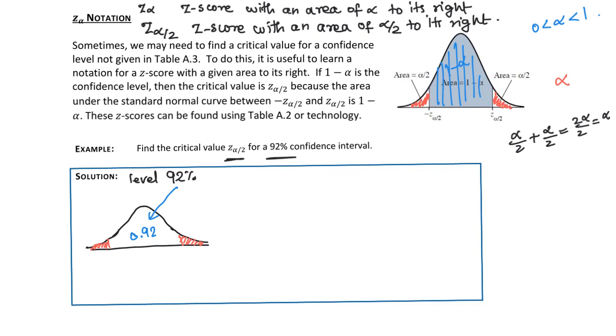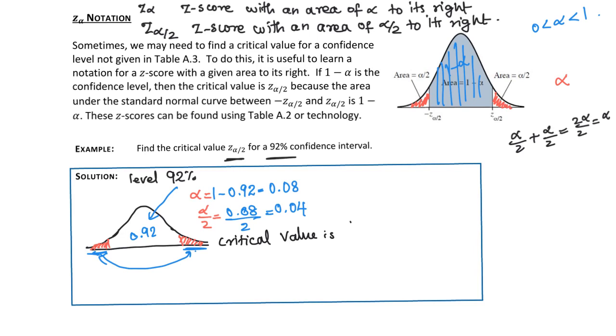So the sum of these two will be 1 minus 0.92, which is equal to 0.08, and that is the sum of these two. So each one will be half of that, so divide that by 2, so 0.04. So this is actually alpha divided by 2.